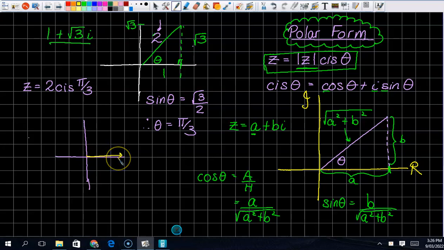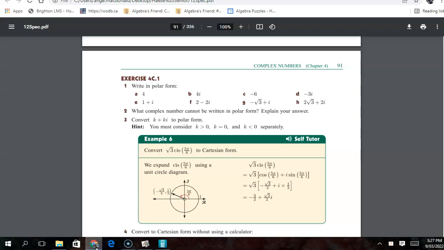Now, is that going to have something there? It's just, well, that's just 4, right? So, because it's got no angle. And what's cis of 0? Well, that's technically cos of 0. And what's cos of 0? 1. And what's sine of 0? 0. So 4 will just be 4. So that was a stupid question for them to start off with, right?